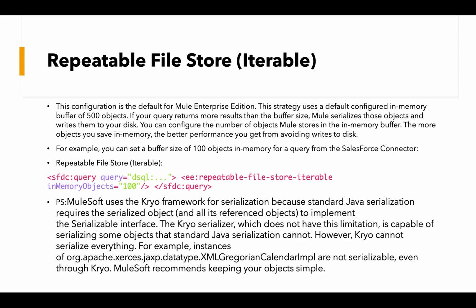So basically, the default configured in-memory buffer is 500 objects. If your query returns more results than the buffer size, Mule serializes those objects and writes them to your disk. This serialization and deserialization is done through the Kryo serialization framework. You can refer to the standard Java documentation to understand more about the Kryo framework. The Kryo serializer is capable of serializing some objects that standard Java serialization cannot.